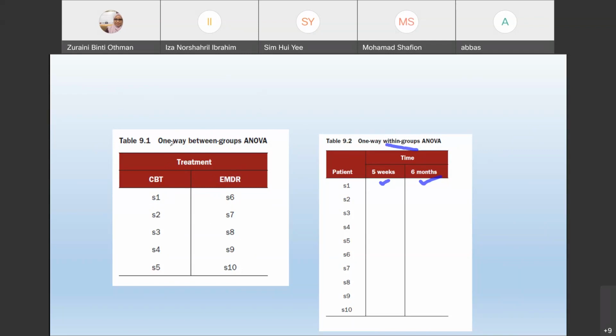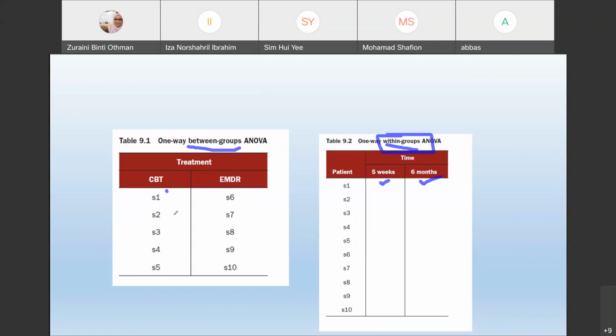So you already get a bit of understanding of between group and within group. This is within group: within these 10 patients, we want to know 5 weeks and 6 months.